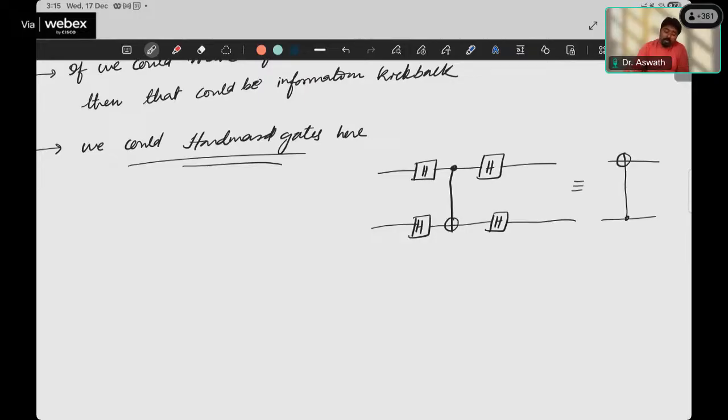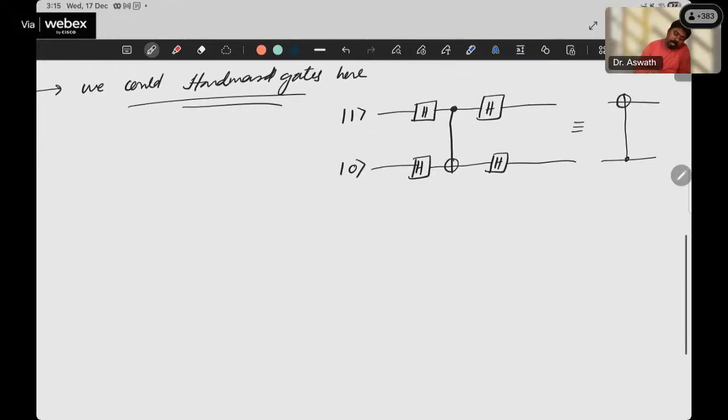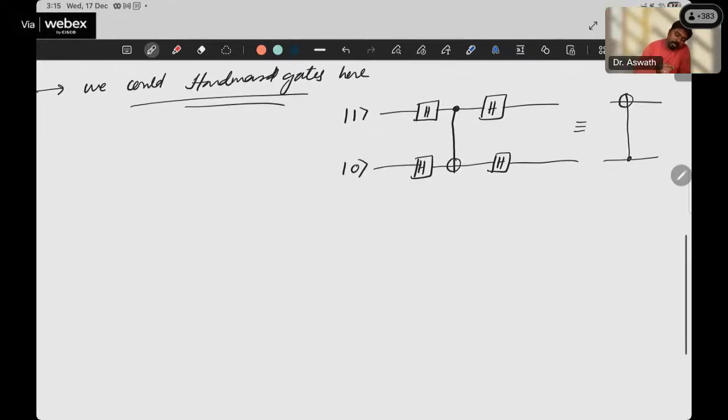You can cross-check this actually. Suppose I have, let's say, the state |1>|0>. I'm trying to understand here: if I don't have any Hadamards, the output is just |1>|1>.